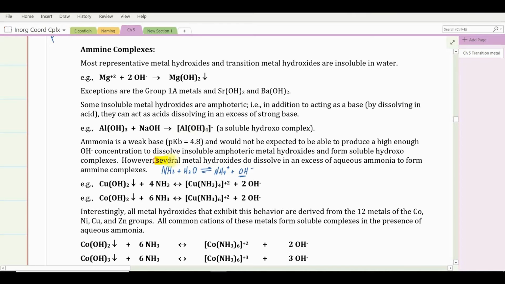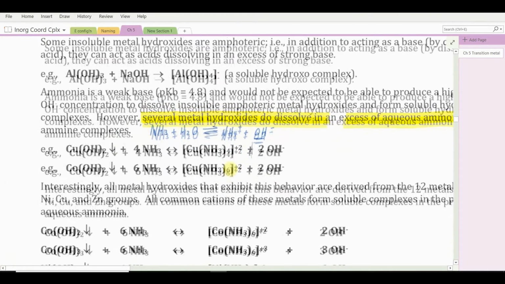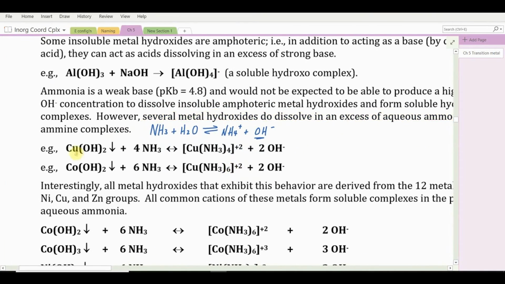But several metal hydroxides do in fact dissolve in excess ammonia to form amine complexes. For example, copper 2 hydroxide with ammonia in fact dissolves, but not as a soluble hydroxyl complex, but rather as an amine complex.